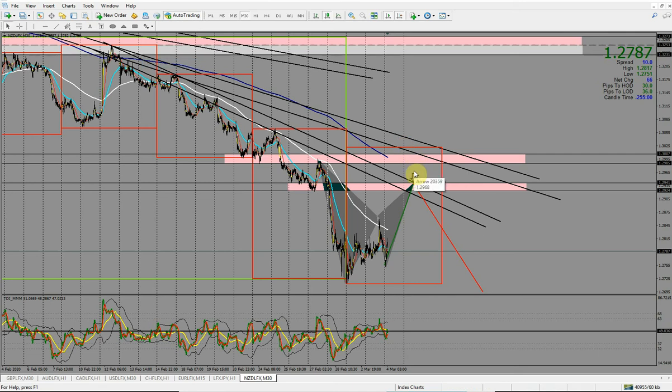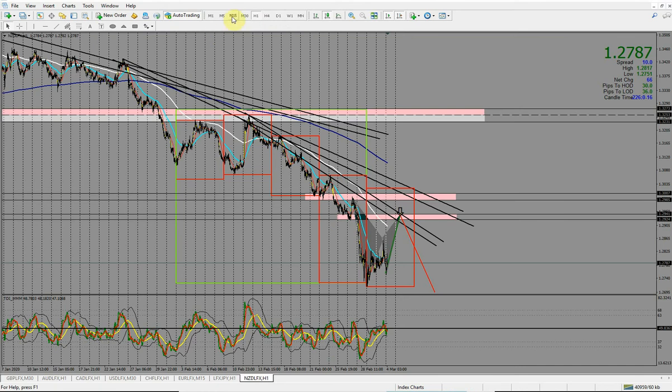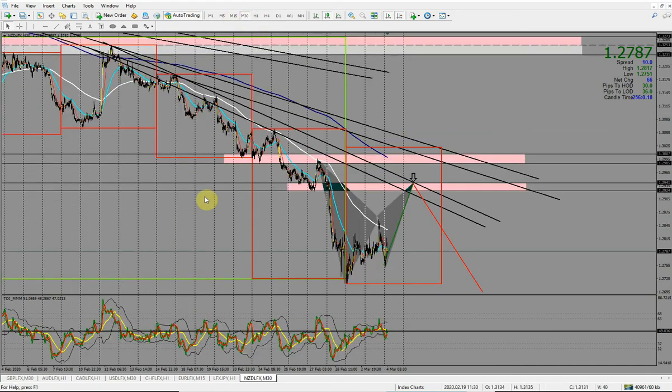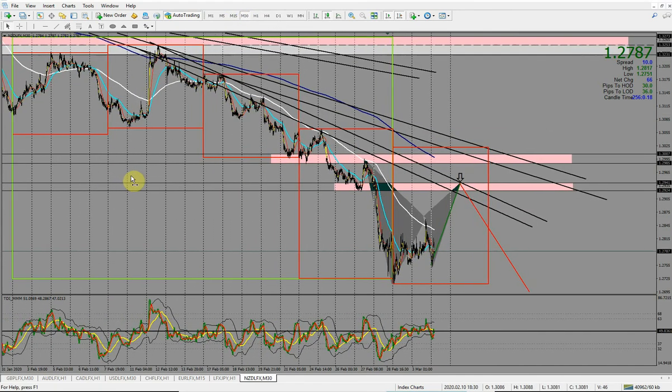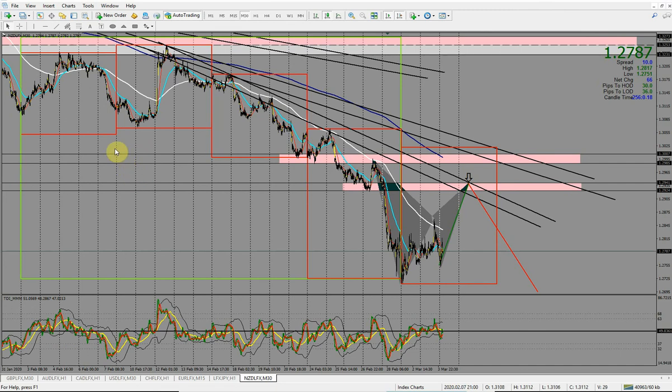NZD has a tendency of making huge spikes during the night. The high and the low prices are usually established in the night, during the Asian session, if I can put it that way. As you can see, this was the Asian session here, this was the Asian session here, this was the Asian session. Let me look at another one. This was also the Asian session.